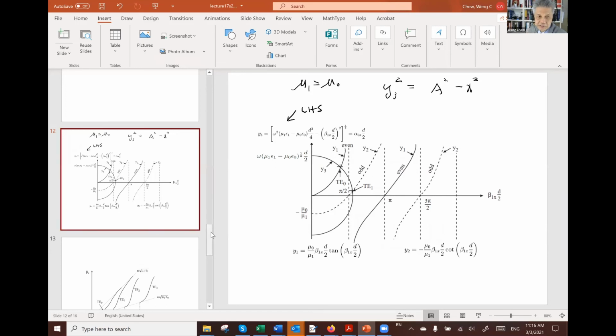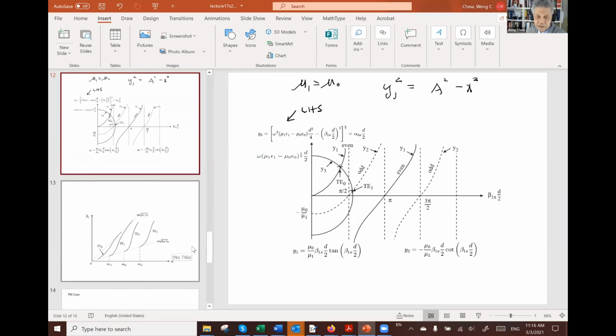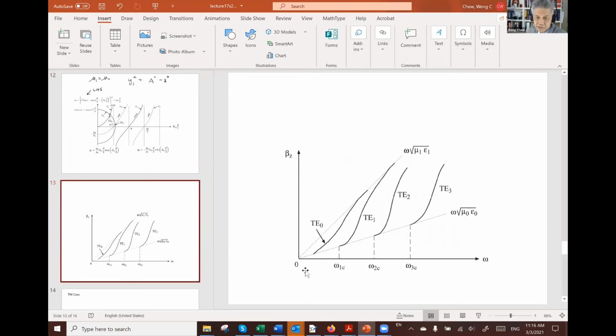So we can gain some physical insight by looking at graphical solutions, even though we have computers these days which can solve these problems really rapidly. So let's use the physical insight that we have gained to see what the dispersion diagram of these guided modes would look like.